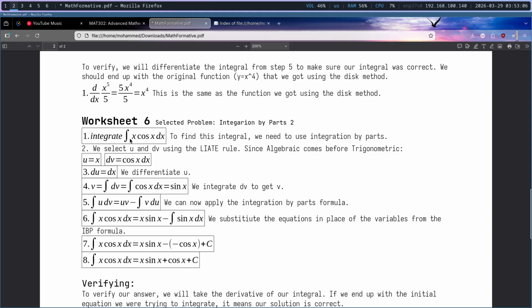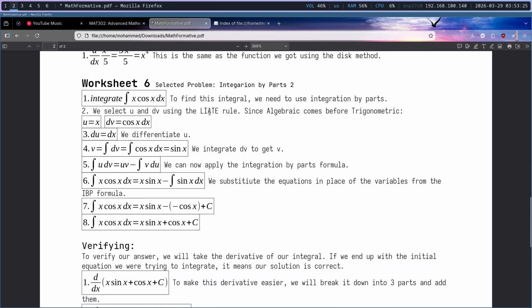So u, as we can see in here, is going to be x, and dv is equal to cosine of x dx, using the ILATE rule, which says that logarithmic comes first as being u, then inverse trigonometric, then algebraic, then trigonometric, and finally exponential. Since algebraic comes before trigonometric, we took x as u, and dv became cos x dx.